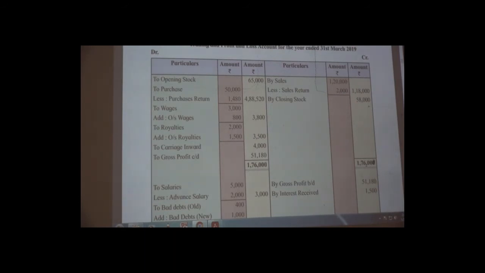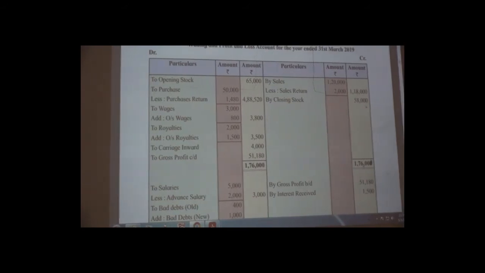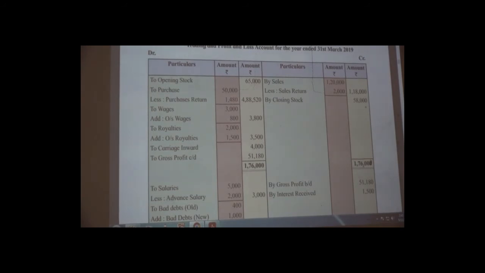Read the first one. The stock in hand was valued at rupees 58,000 on 31st March 2019. See, at the end of the year, the business is having some stock. That stock will be called which stock? Closing stock. Okay. So now closing stock is mentioned here and its value is 58,000. As it is an adjustment, it will have two effects, just like we learned in 11th standard, the same adjustment we will have to do.